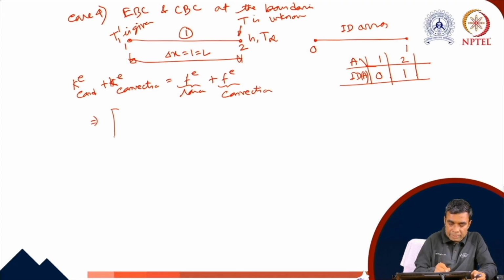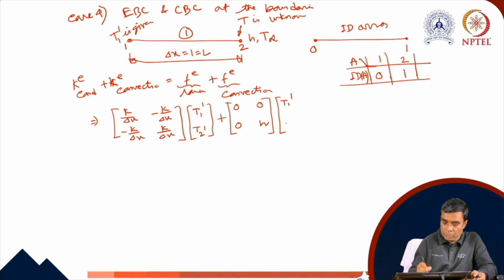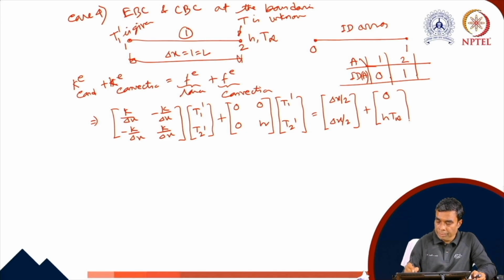This can be written as K by delta X, minus K by delta X, minus K by delta X, K by delta X, times T11, T21, plus 0, 0, 0, H, times T11, T21, equals delta X by 2, delta X by 2, plus 0, H T infinity.